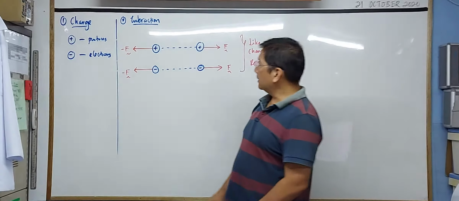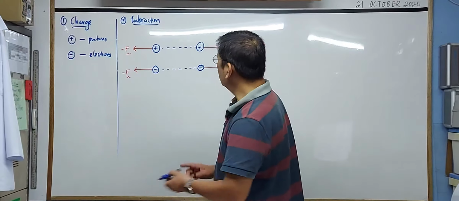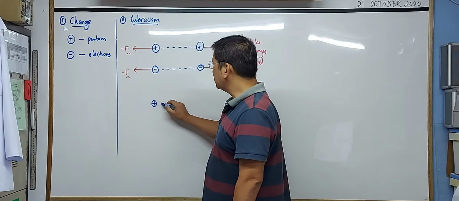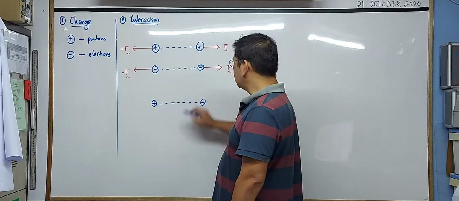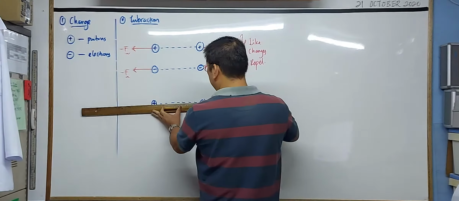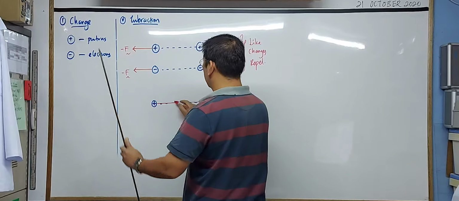And the next thing is, what happens when we put 2 opposite charges nearby? For example, a positive charge and a negative charge nearby. Well, the opposite will happen. Positive charge and negative charge attract each other.